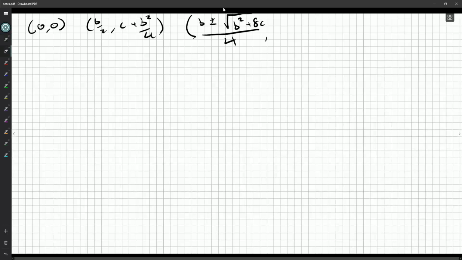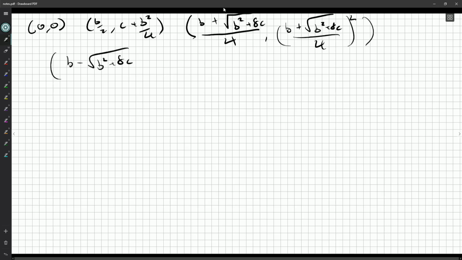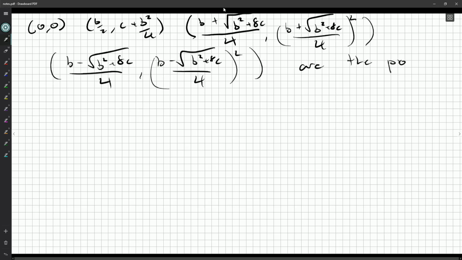Oops, it shouldn't be plus or minus. We'll say plus. And then whatever that is squared. We'll just leave it as that expression squared for a moment. So b minus square root of b squared plus 8c all over 4, and then that expression squared. So these are the points.